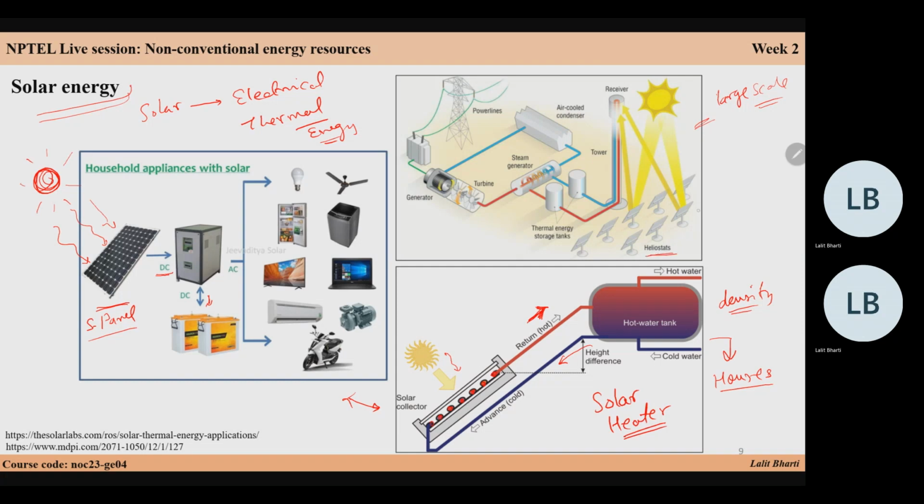Heliostats are basically the kind of mirrors which reflect the solar spectrum or the solar energy to a receiver. So the receiver gets heated up, and the receiver has some fluids which can be ionic fluids or some molten salts.